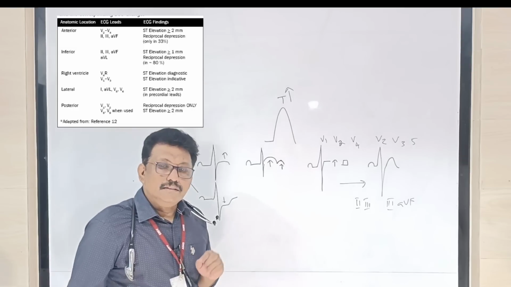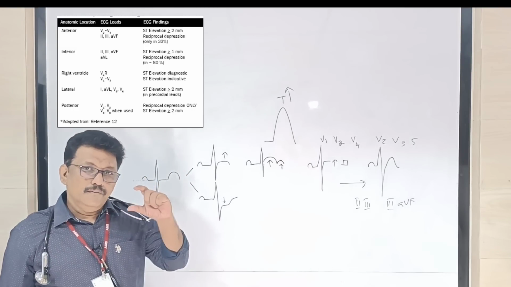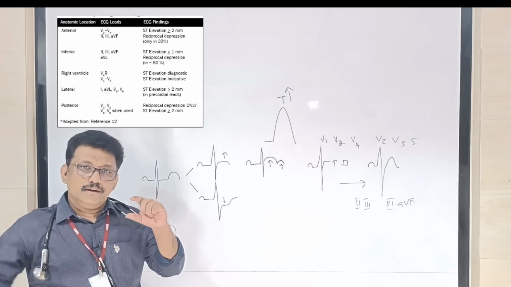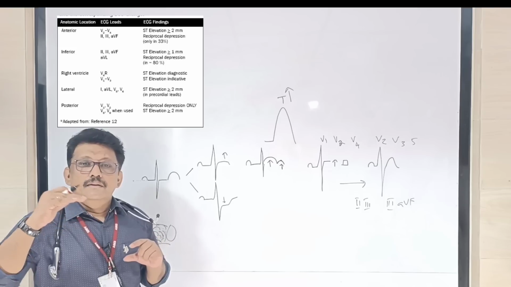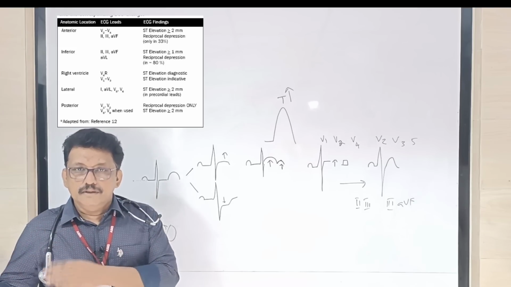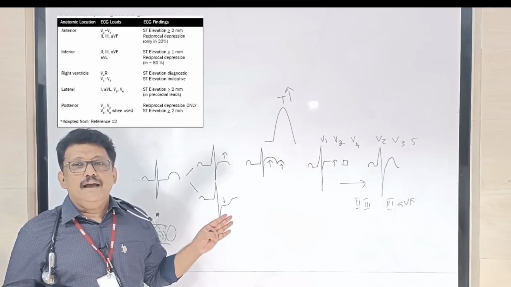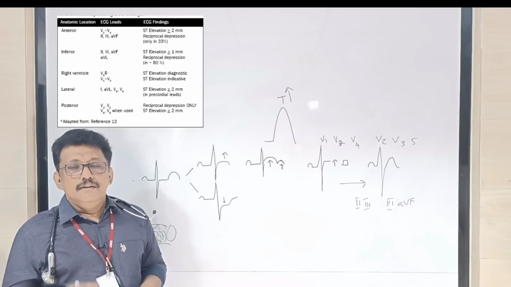If you are getting at least 1 millivolt or 1 small square ST elevation seen in 2 contiguous leads, then you can make a diagnosis of acute myocardial infarction.